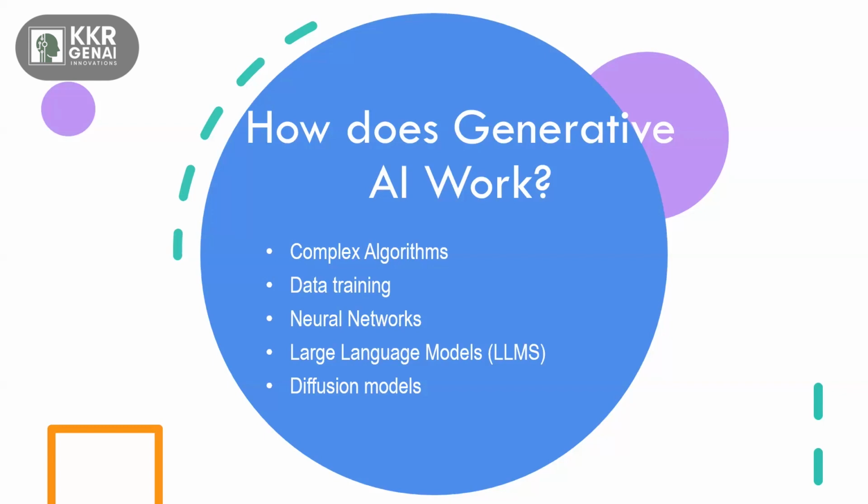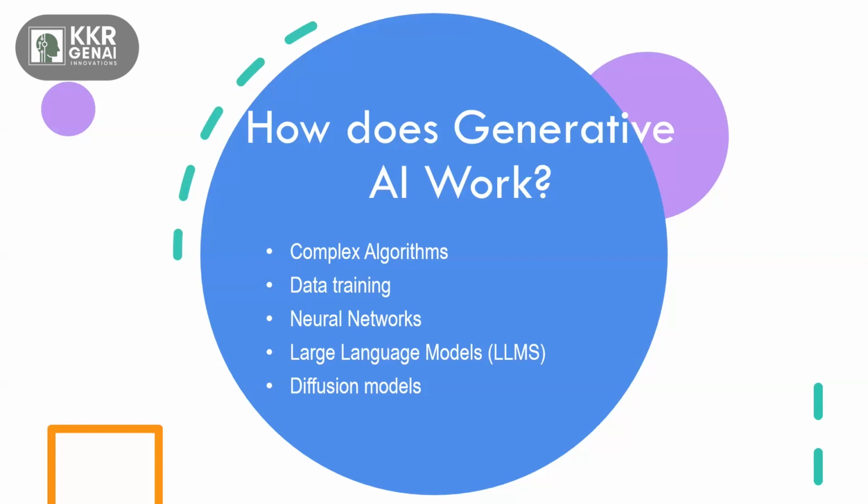We have a lot of complex algorithms that have been used previously, and they use all of these algorithms to train the data accordingly. So data training is a major contributor to how generative AI works effectively. They use neural networks, large language models, and diffusion models.